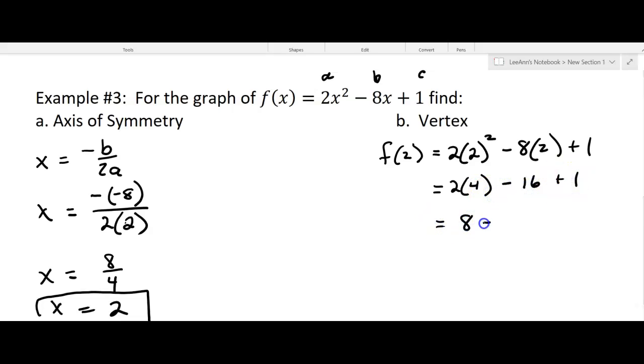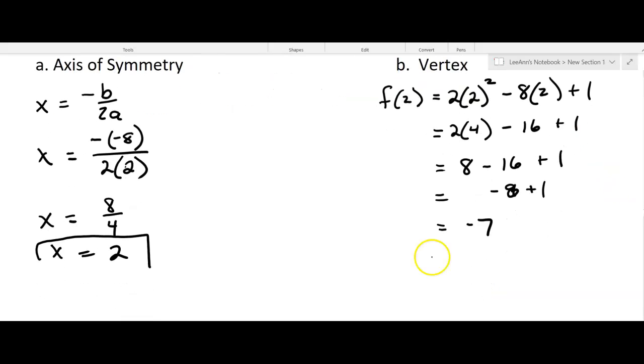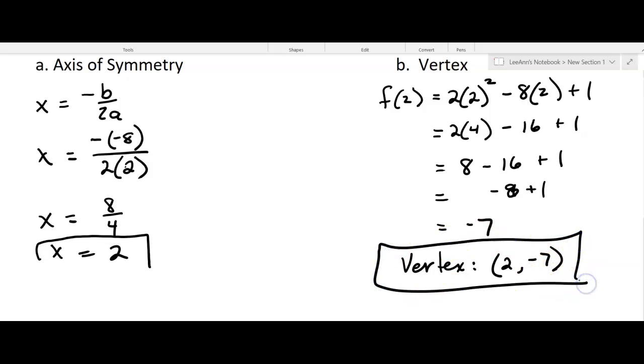So I get 8 minus 16 plus 1, or negative 8 plus 1. I'm going to get negative 7. So the vertex is going to be the point, my vertex is the point (2, negative 7). Okay? And then we can do a lot with the graphing by knowing the axis of symmetry and the vertex.